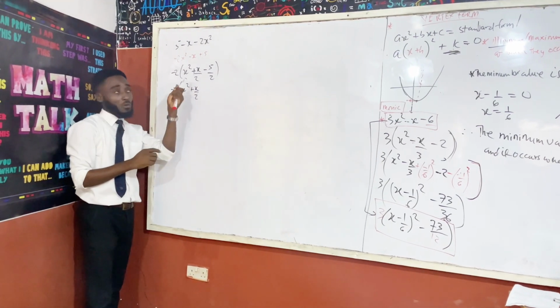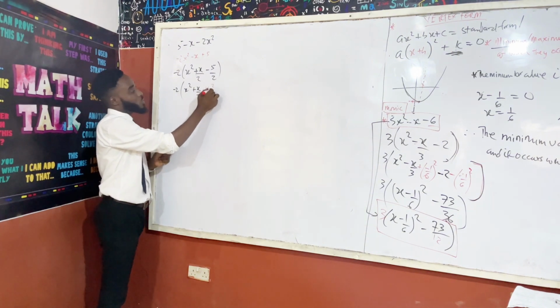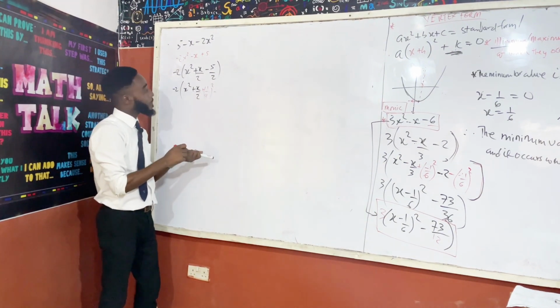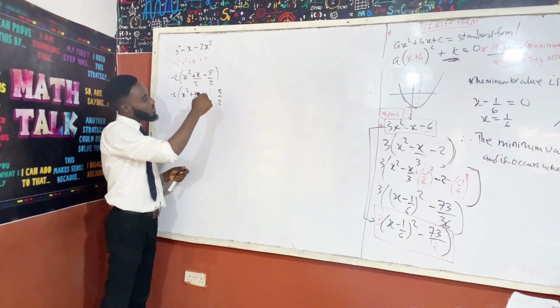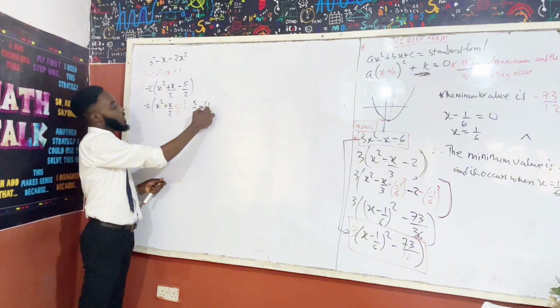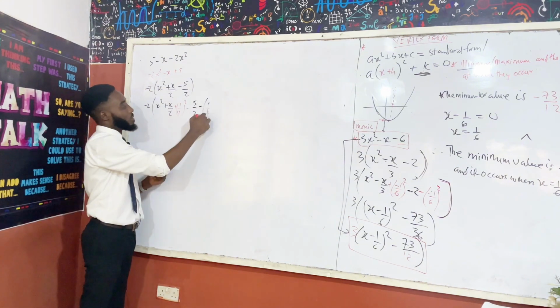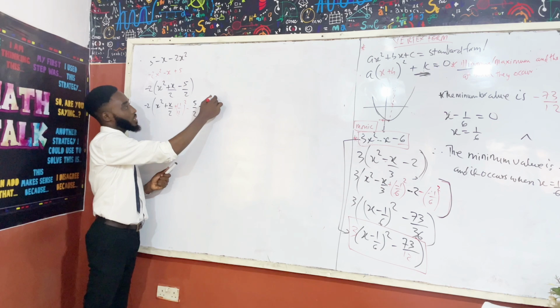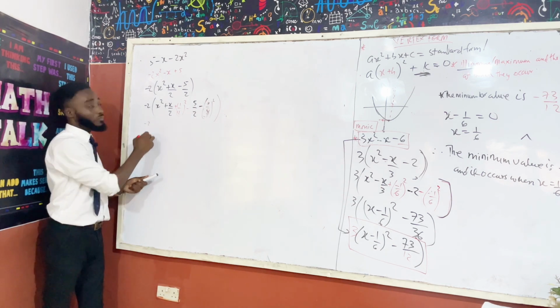What's half of 1 over 2? 1 over 4, all squared, minus 5 over 2. 5 over 2 minus 1 over 4, all squared. I get close.